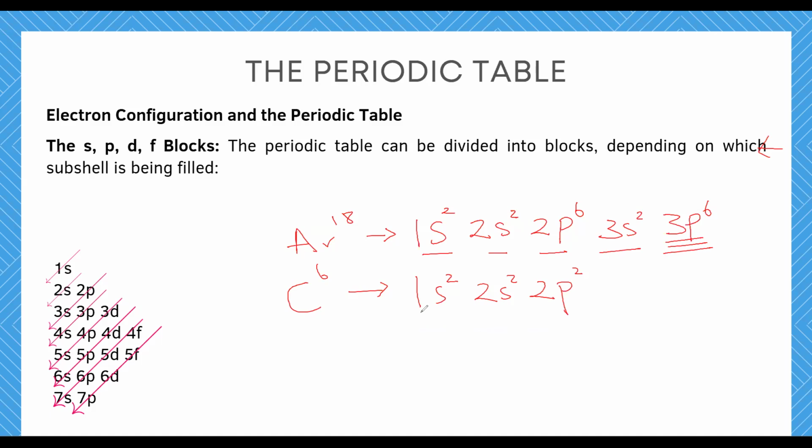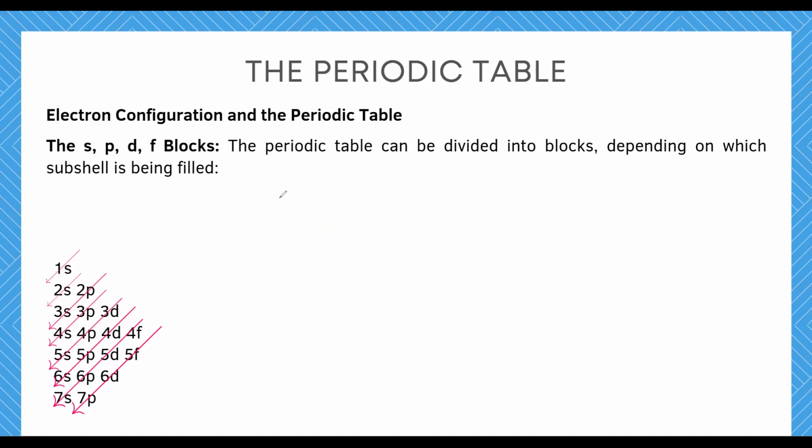So you see now, over here, 2 electrons plus 2 electrons plus 2 electrons gives us a total of 6. And the last subshell that was filled shows us that the element is located in the P block of the periodic table. Did you see that? Yes, sir. Now, what was the final element we picked? Aluminium, sir. Good. Who is doing aluminium for us?